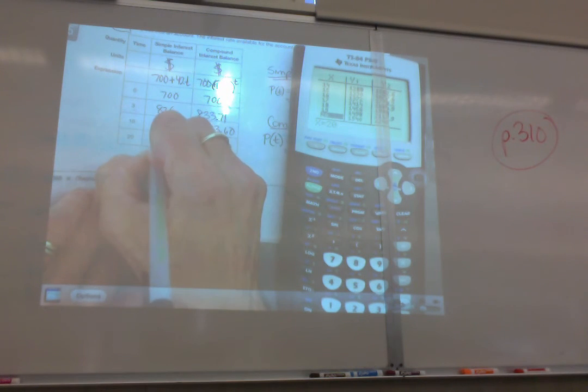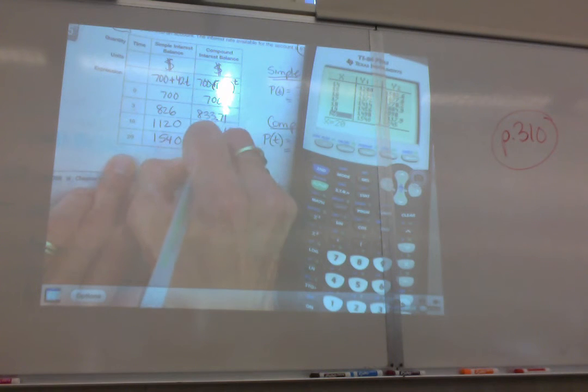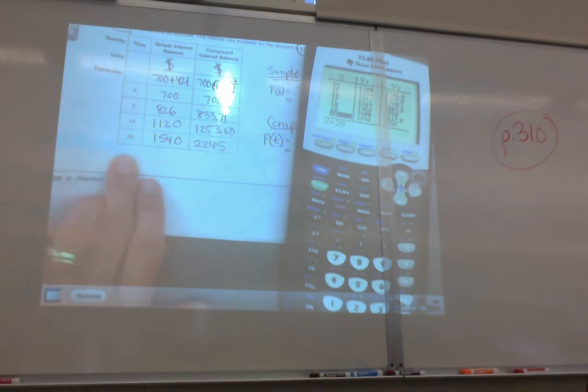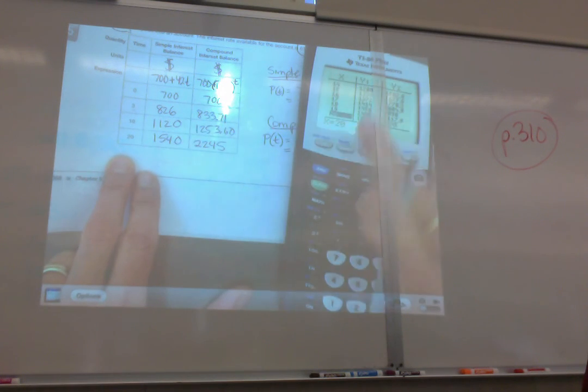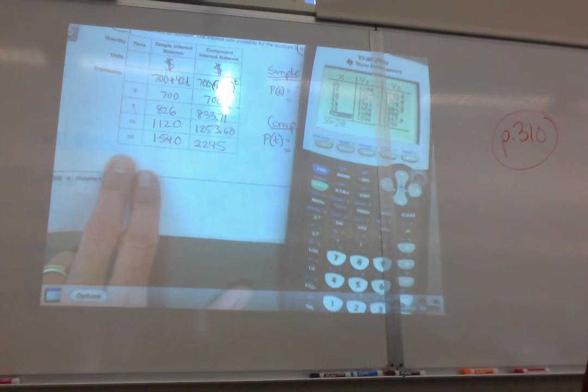And 1, 5, 4, 0. 2, 2, 4, 5. If we had a lot of numbers, you may have to do them individually and use the value button. But we only had a couple, and that was pretty easy to scroll through and find.